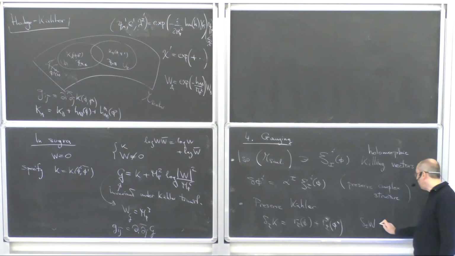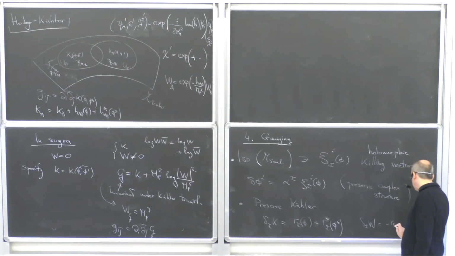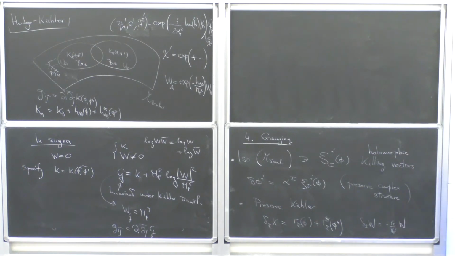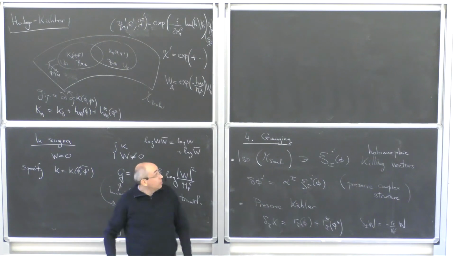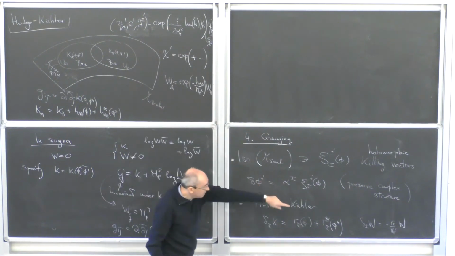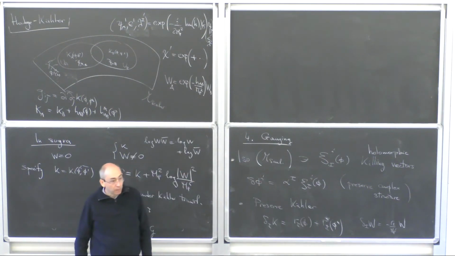But it should transform, again, if this is the infinitesimal transformation, by a scalar transformation, by the holomorphic function that acts on the superpotential. Okay, this is the finite expression, this is the infinitesimal one. Okay?